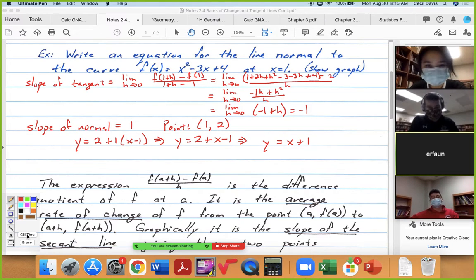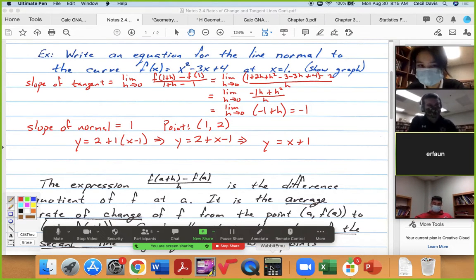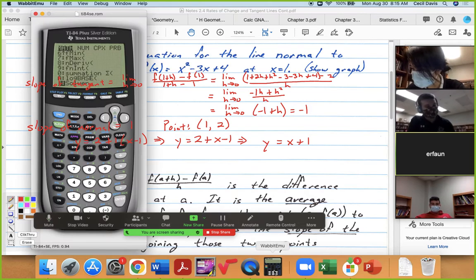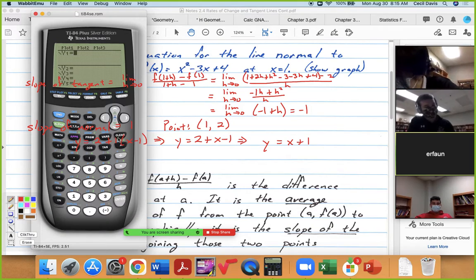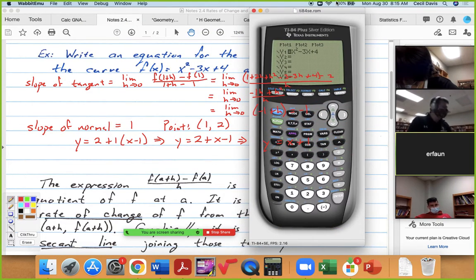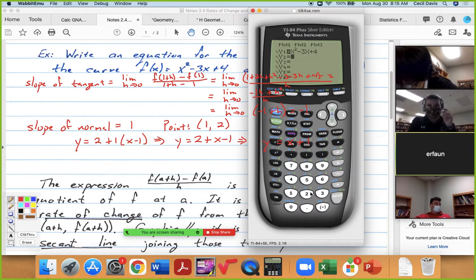And then let me show you the graph. Oops. Clear all that stuff out. So x squared minus 3x plus 4. And then I'm going to graph both the tangent line and the normal line.